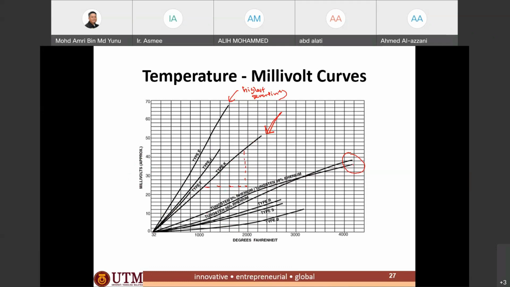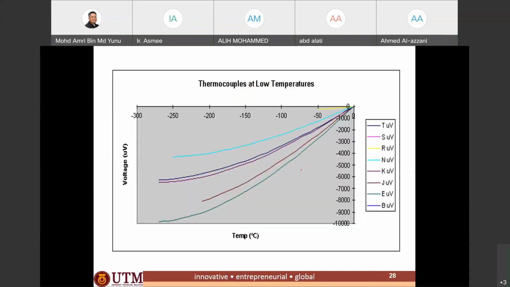But for these two combinations, there is a bit poor linearity, especially at the high range. It loses its linearity at the high range. It's just showing the response at the low temperature.